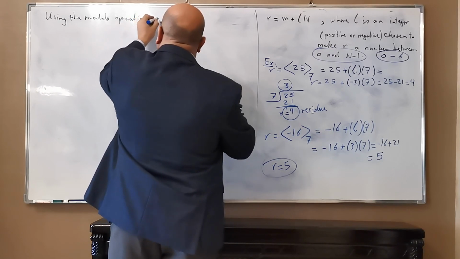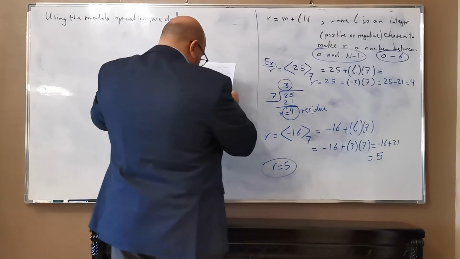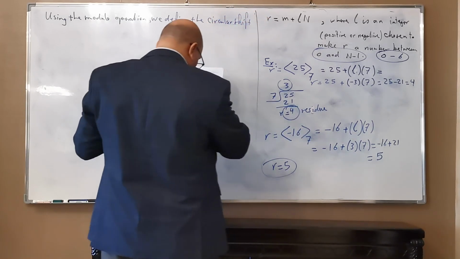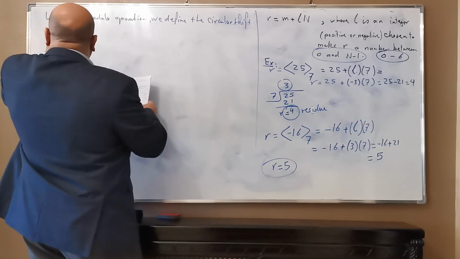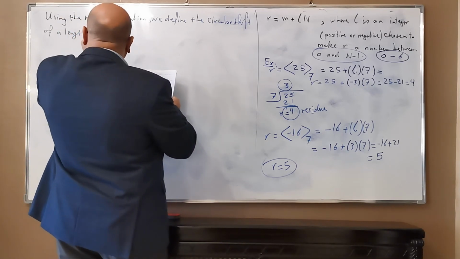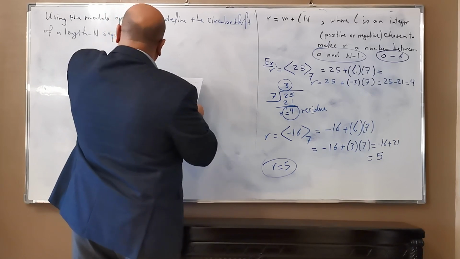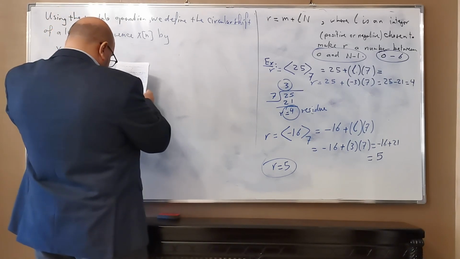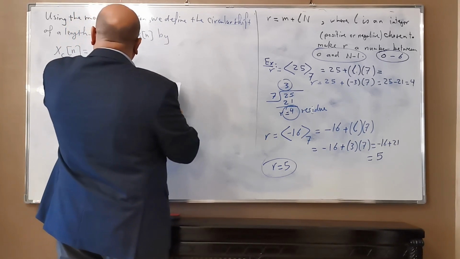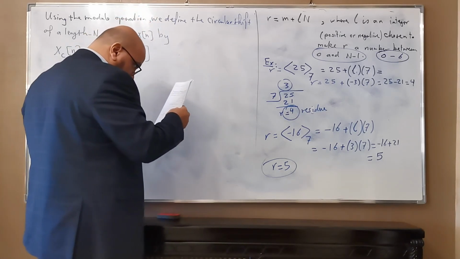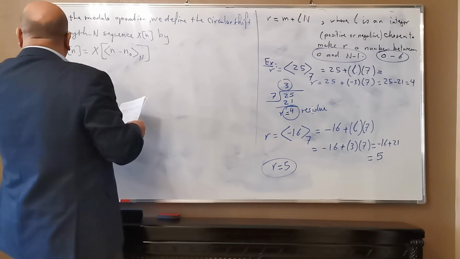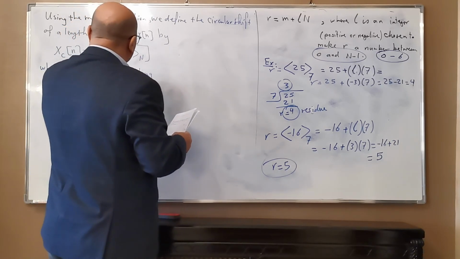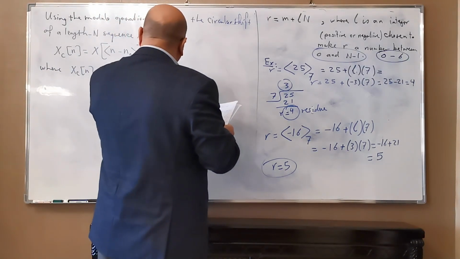to define the circular shift of a length N sequence x of n by x sub c of n, the circular shift of x of n, is equal to x of n minus n0 modulo N, where x sub c of n is also a length N sequence.